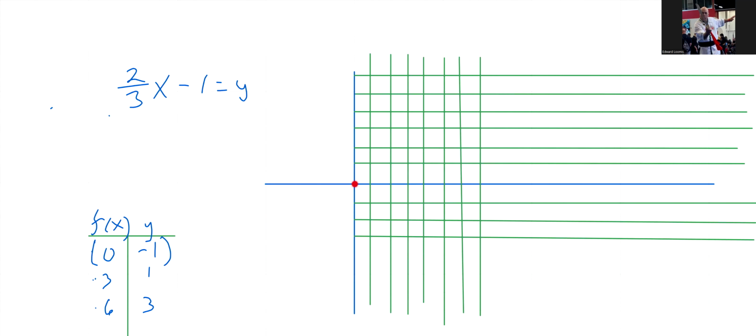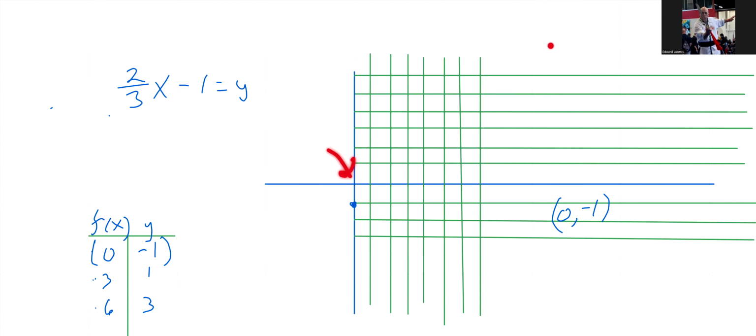My y is a -1, so I'm going to come down 1, and I'm going to put a point right here at 0, -1. Oh, and by the way, I made the lines a little brighter so I can see it. I'm having to squint really bad to see it, so I went ahead and added extra lines to it, docking them up. Go back to the point of origin.